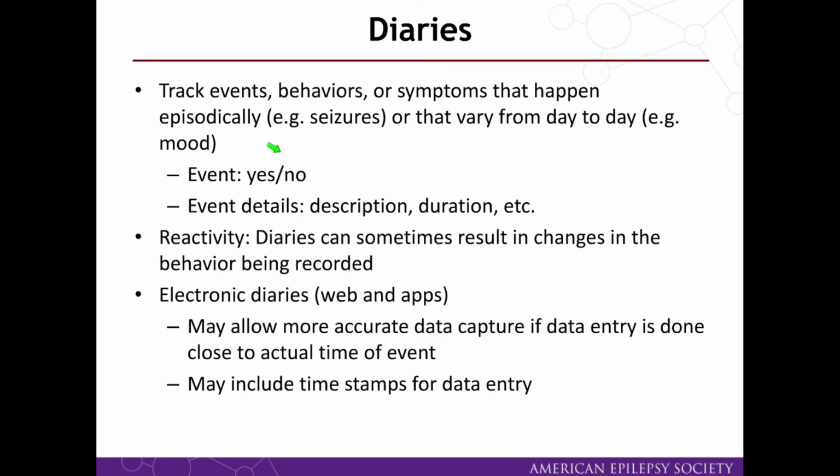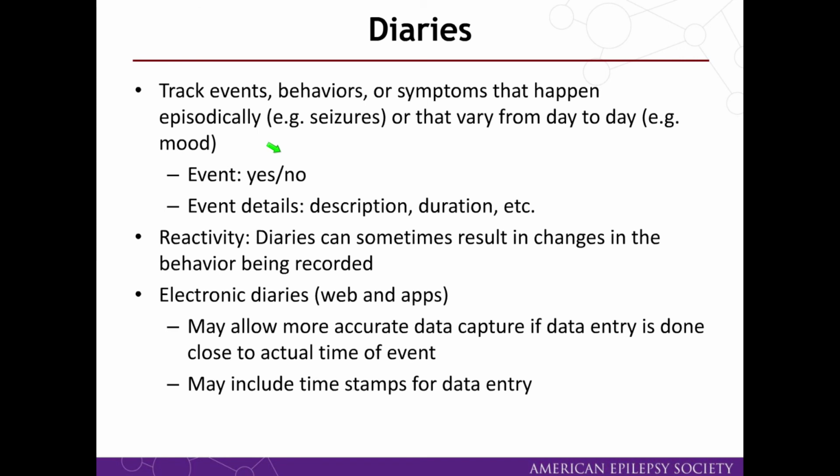There are several other types of data collection instruments. So diaries are ways to track events that vary from day to day, and these can either be on paper or electronic. You should remember that the act of tracking information on a regular basis can actually make people change their behavior, and so that's something you need to consider in the design of your trial.